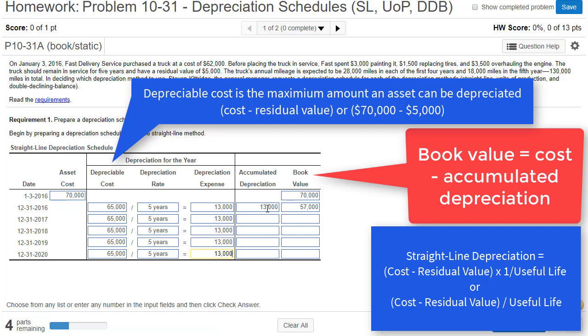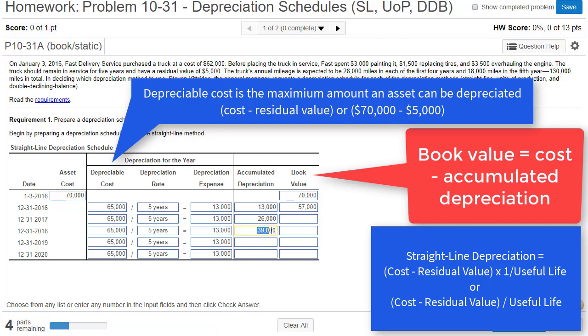Our accumulated depreciation for the second year is 13,000 plus 13,000 more, which gives us 26,000. And in the third year, it's 26,000 plus 13,000, which gives us 39,000.